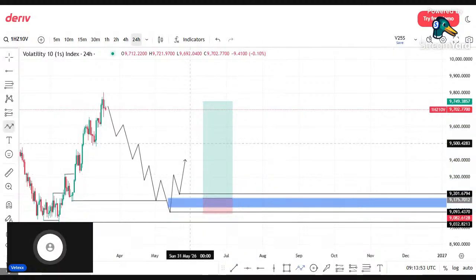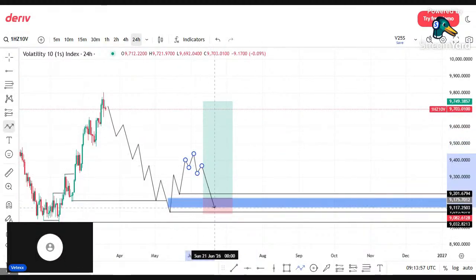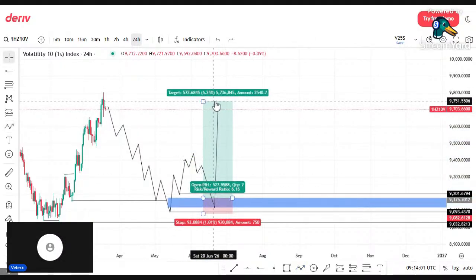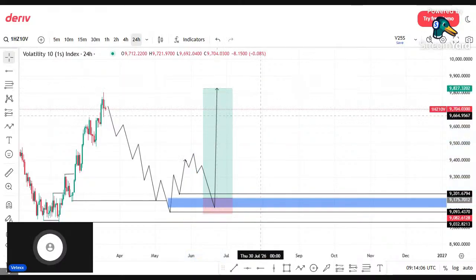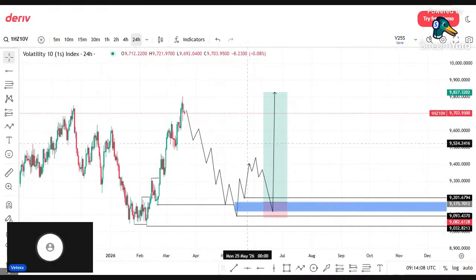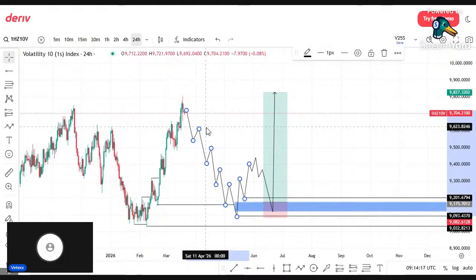We wait for price to do all of these things, come into this zone, give a confirmation, and then buy to the upside. So this is exactly what we're anticipating on VTNS on the 24-hour time frame.